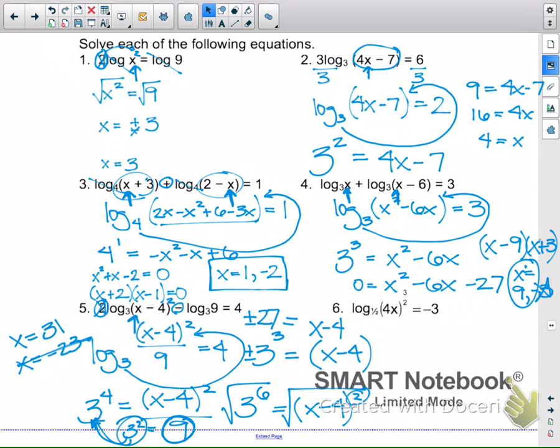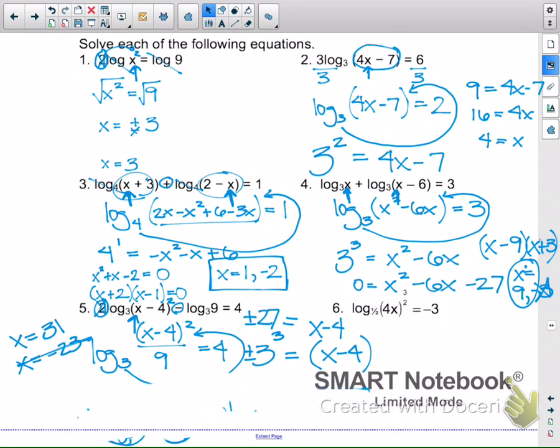I was just solving at that point. So I was saying, how do I get rid of squared? I square root both sides, so that's why I square rooted 3 to the sixth, which gave me 3 to the third. Let me go back a step here. Let's just say we didn't like that. Let's go back. All right. Were we good here?